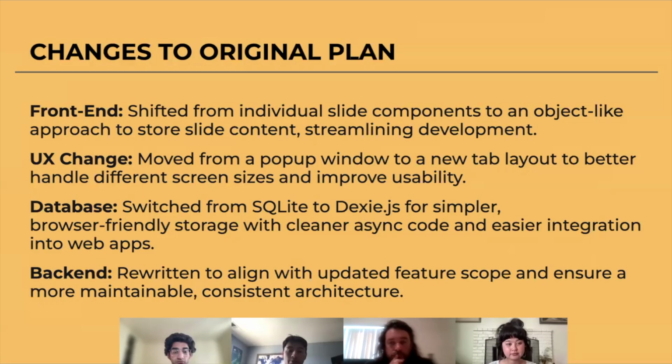For the database, we switched from SQLite to Dexie.js for a simpler approach, with browser-friendly storage, cleaner async code, and easier integration into web apps. And lastly, for our backend, we rewrote it to align with updated feature scopes and ensure a more maintainable and consistent architecture.